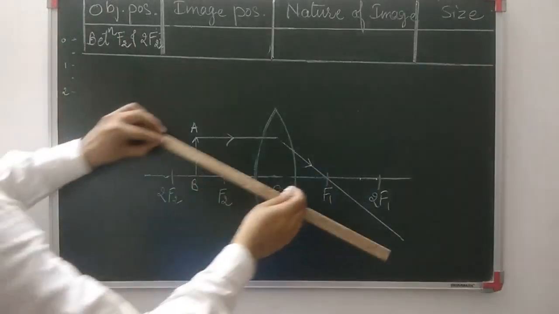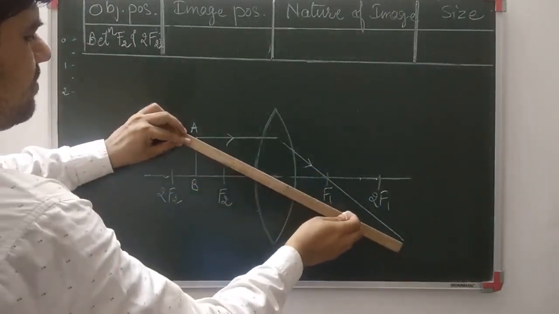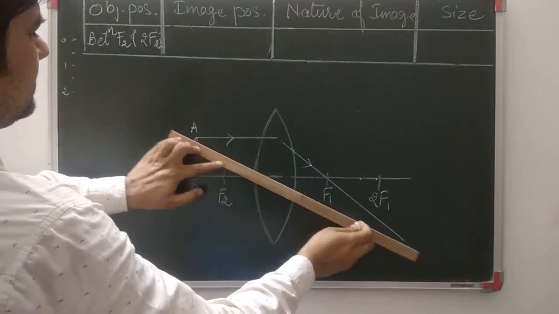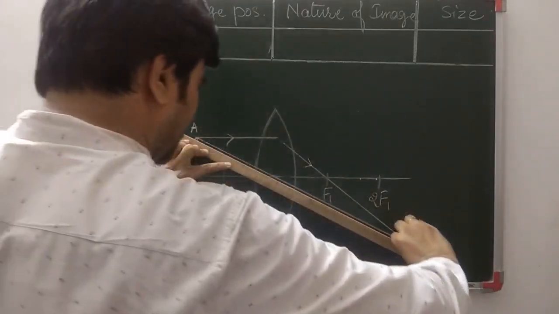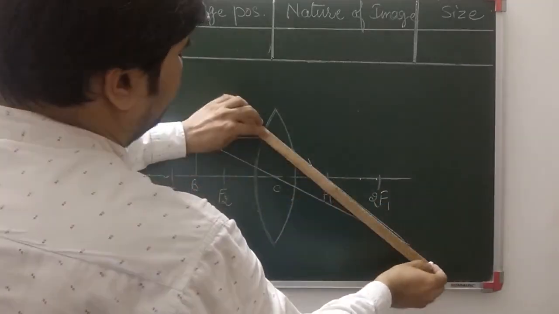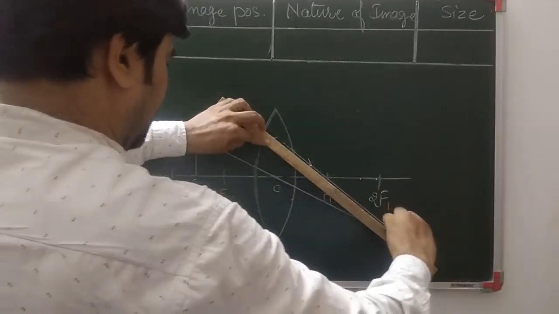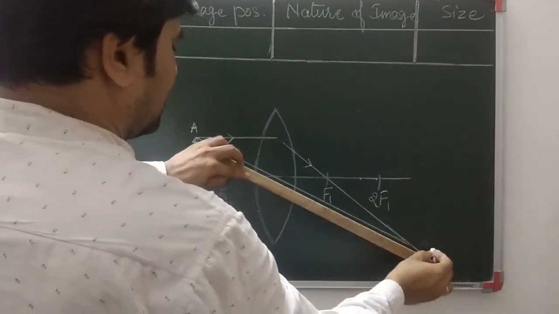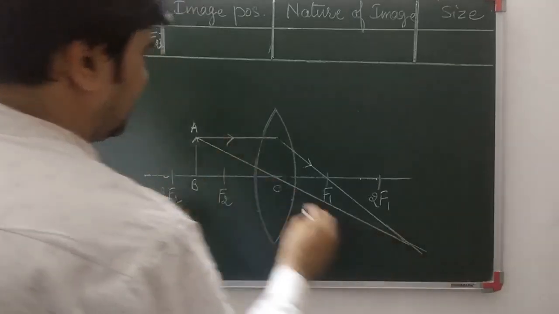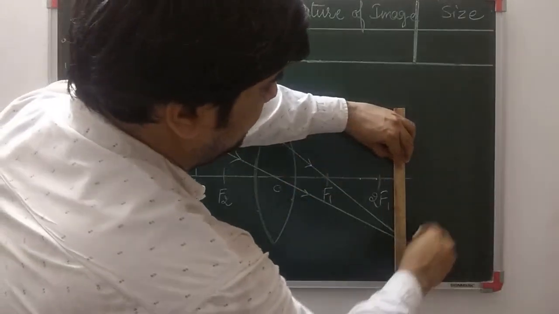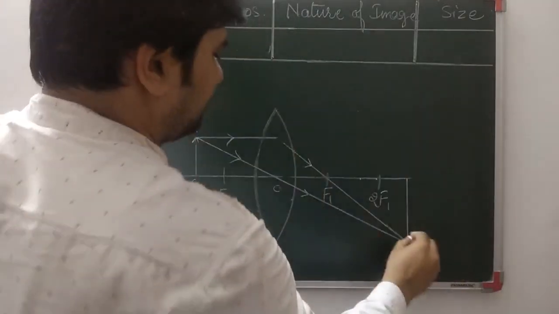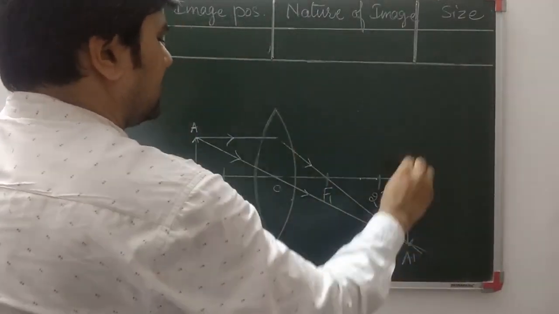Second, let's take the ray which passes from the optical center, and as the ray is passing from the optical center, there won't be any refraction. So we can see that the refracted rays are intersecting somewhere here. This is the image formed, that is A dash B dash.